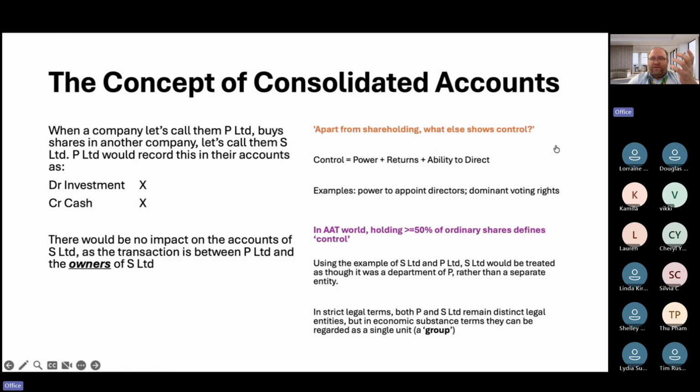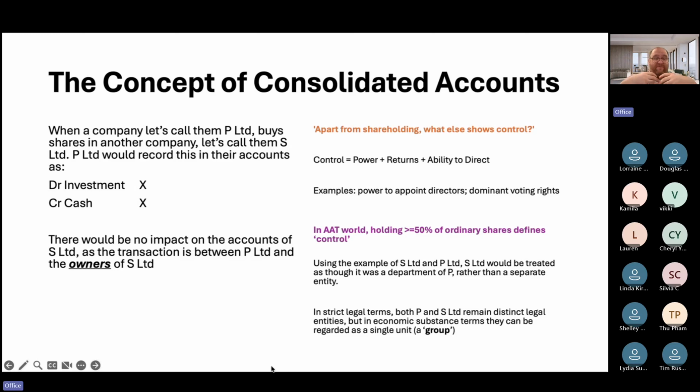So you'll see lots of things mentioned when we look at consolidated statements around this concept of control. So what exactly is control? Well, most people think it's about shareholdings, and it almost is, but there's lots of other things that can demonstrate control over other companies. So control is a mix of power. Do they have the power to appoint directors?